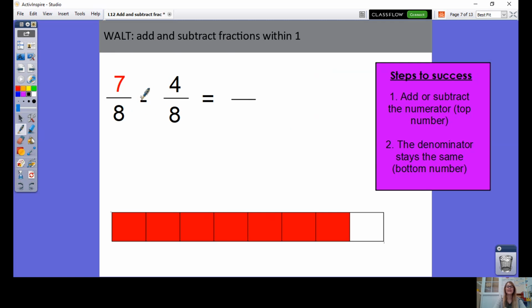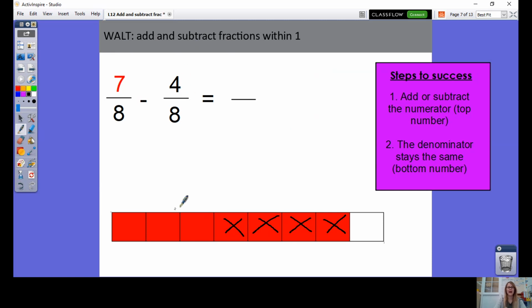So this time I'm taking away 4 eighths. So I'm going to cross them out and count 4 so I can see how many parts that I have left. So I have 7 eighths, I'm going to take away 1, 2, 3, 4. So I've taken away those 4 eighths that this part is representing here.